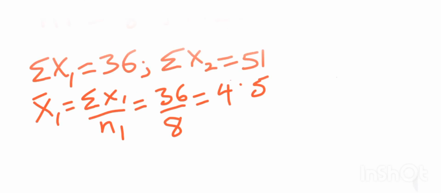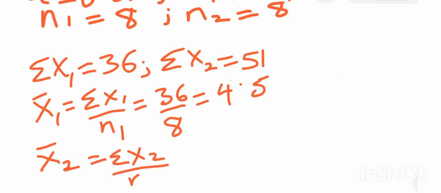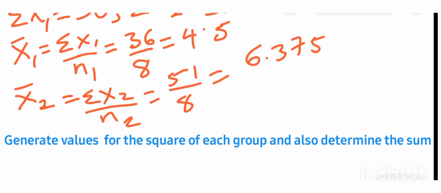Next will be the average for the second group. We have S bar 2 equals summation S2 over n2, where S2 is 51 and n2 is 8. Of course, 51 divided by 8 gives 6.375.